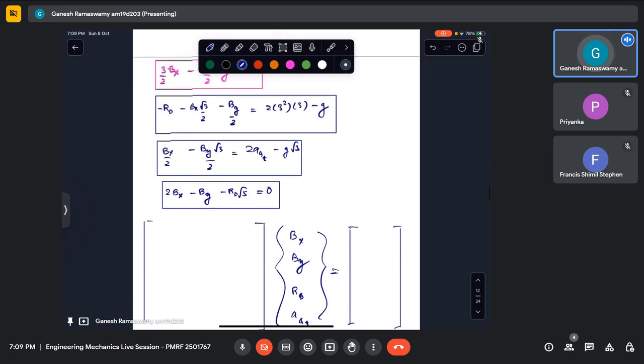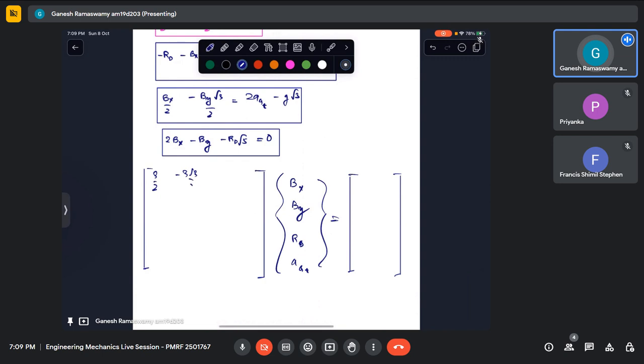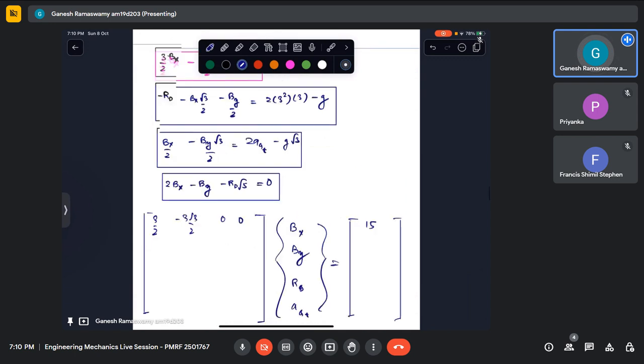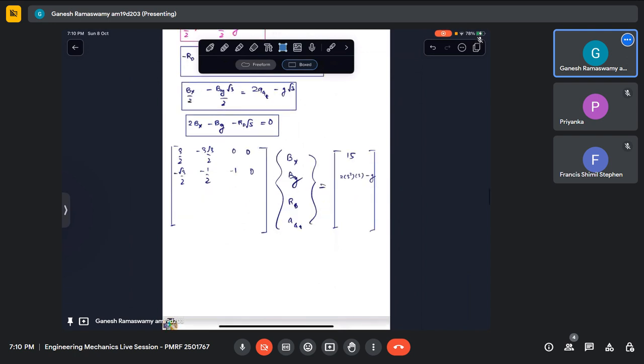So from the first it is 3 by 2, By is minus 3 root 3 by 2, 0, 0, this is 15. Second equation gives me Bx is minus root 3 by 2, minus 1 by 2, RD is minus 1, 0, and this gives me this quantity. 1 by 2, minus root 3 by 2, 0, minus 2, minus 0, 3.